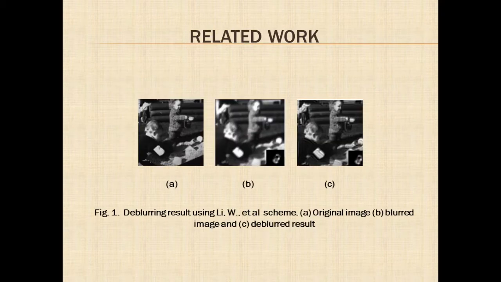Here is an example of some related work done. Figure 1 shows three images from a scheme presented by Lee et al. The image on the left is the original ground truth sharp image, and the blurred version of the same image is shown in figure B. The deblurred image is shown in figure C using the method they proposed. They presented a deconvolution method based on data separation in the frequency domain.